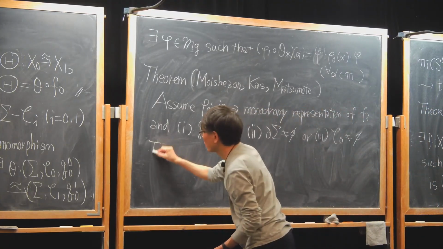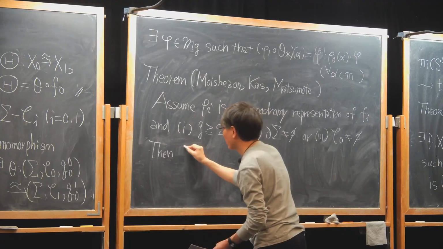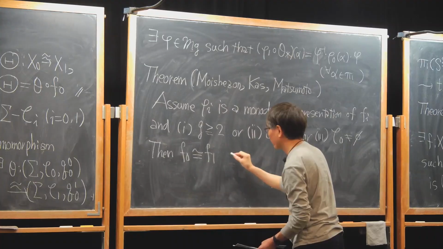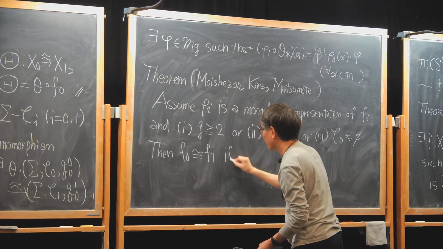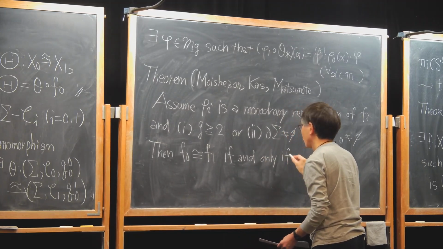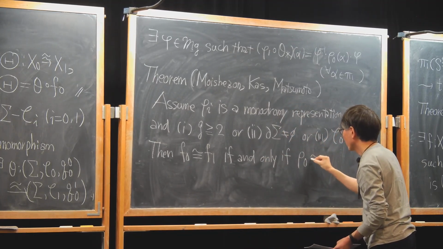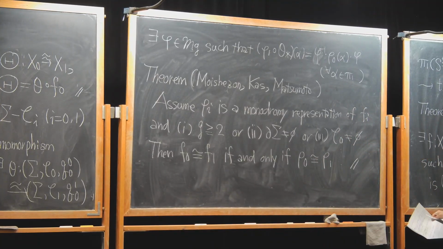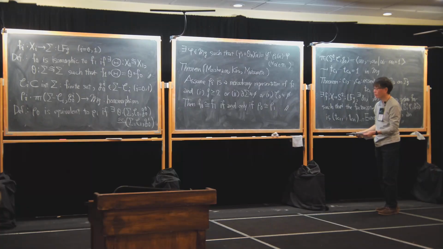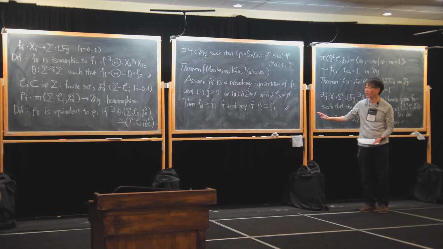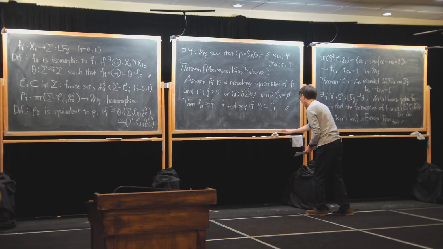Then F_0 is isomorphic to F_1 if and only if rho_0 is equivalent to rho_1. So I don't give any proof of this theorem. The proof is a little long, so I don't give any proof.